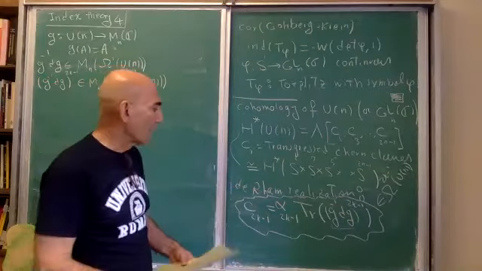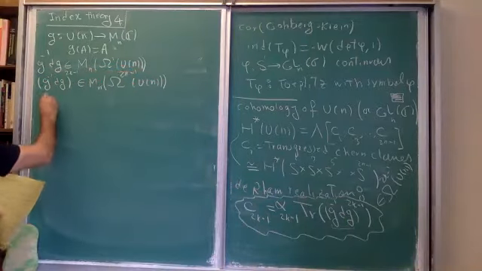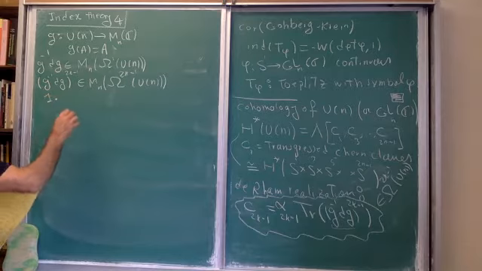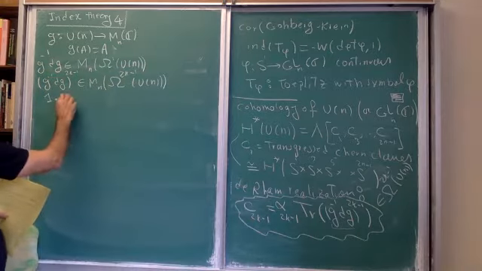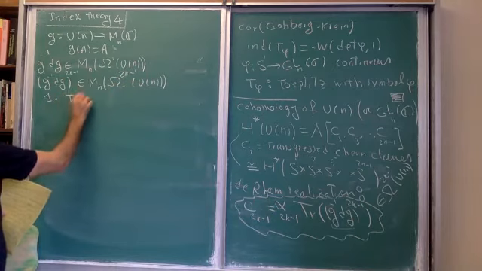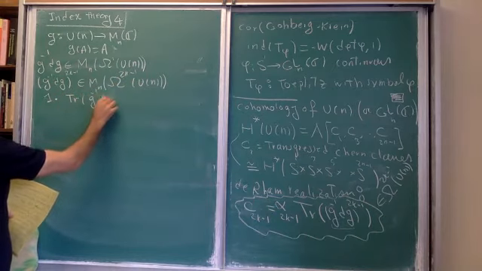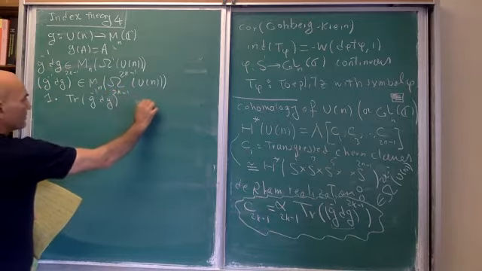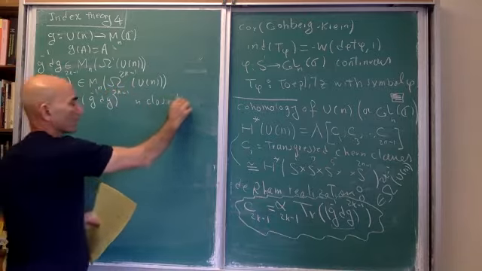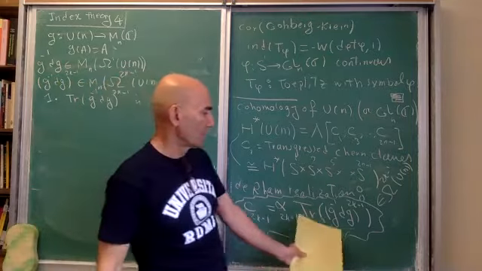Now, the claim is that, first of all, the first exercise, which is not difficult, is that you can check that this is a closed form. That the trace of G inverse DG, just write it like this, is closed. You can check using basic properties.